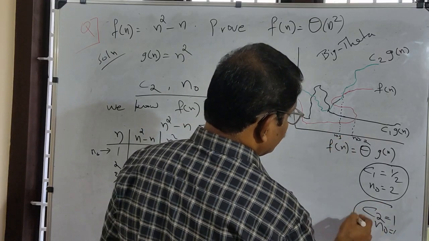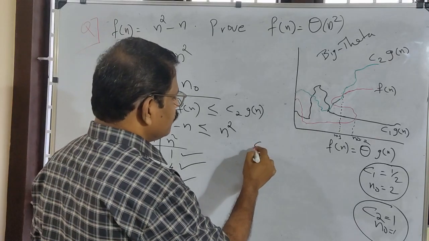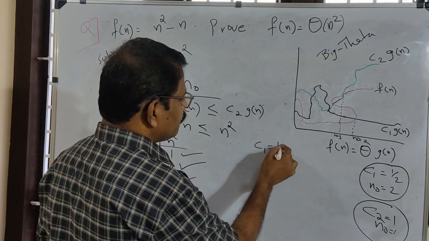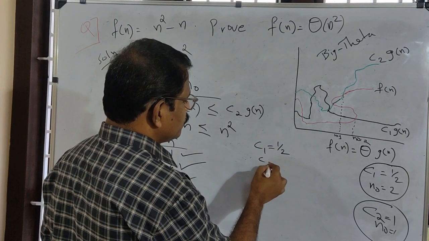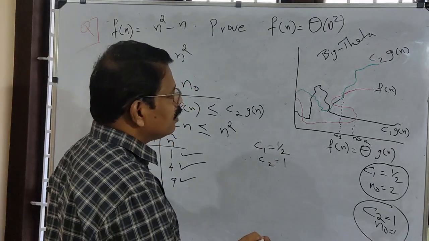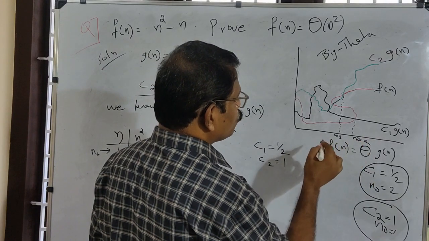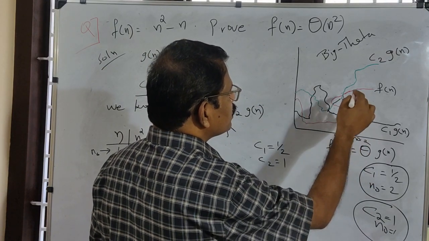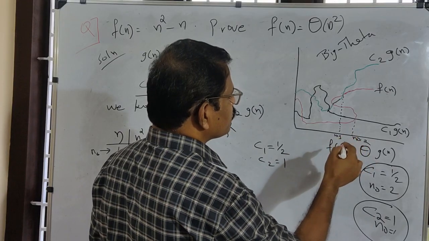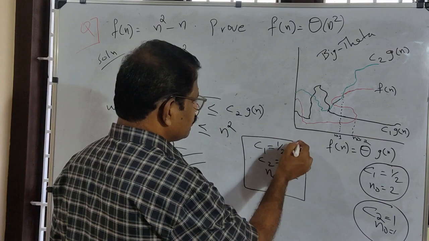Then what will be our final answer? We can fix c1 equal to 1 by 2, c2 is equal to 1, and after this n equal to 2, these two conditions are satisfied. So this will be our final answer.